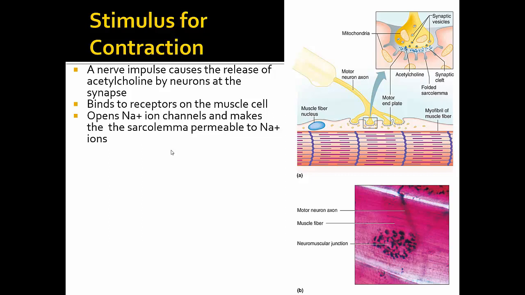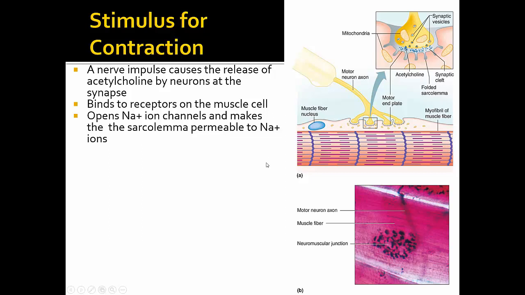And in this case, the gate that opens is a sodium ion channel, and that makes the sarcolemma permeable to sodium ions. So when the receptor binds, sodium can cross the sarcolemma and enter the muscle cell.